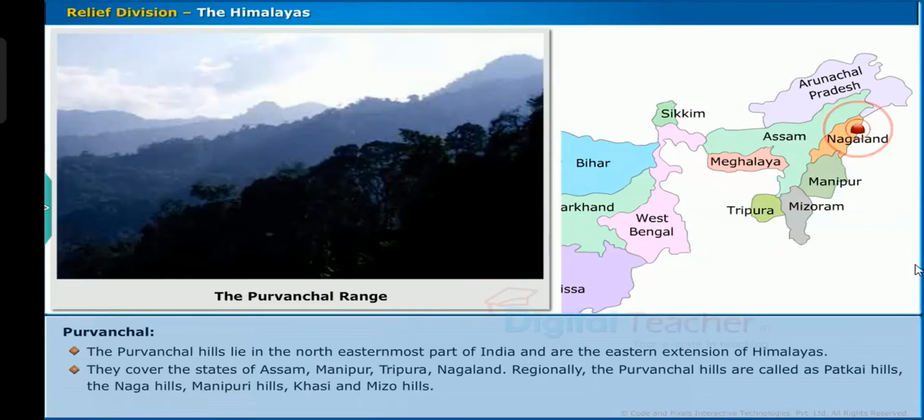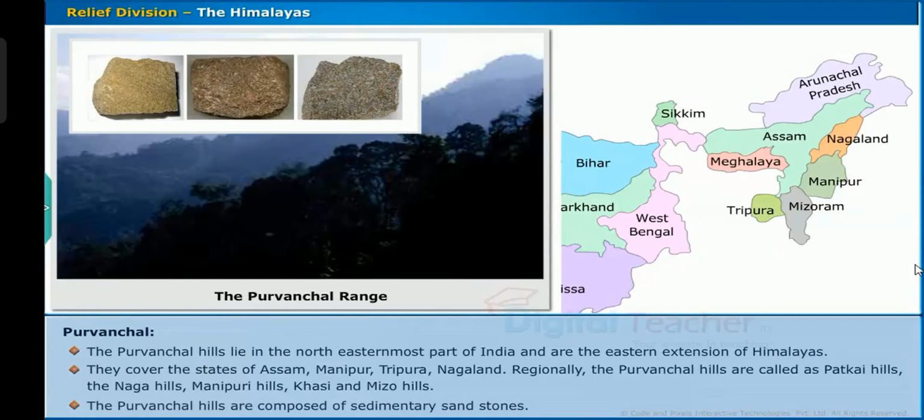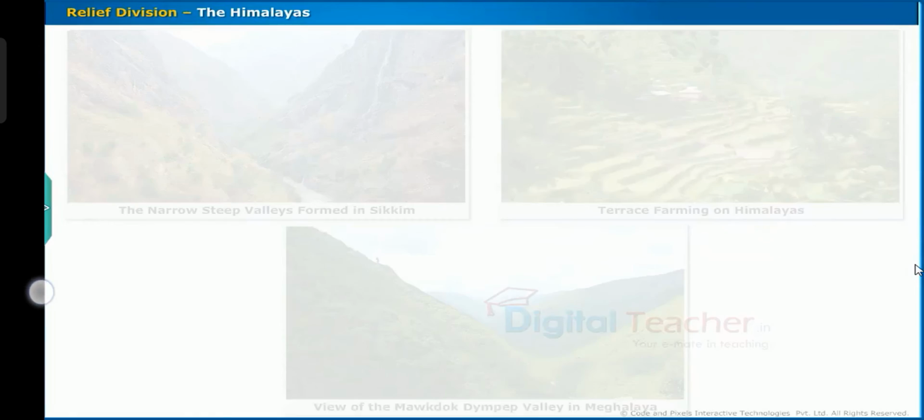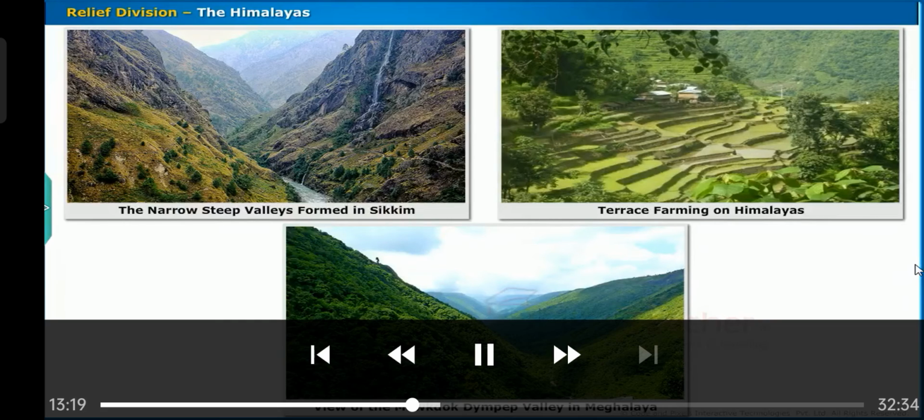Regionally, the Purvanchal Hills are called as Patkai Hills, the Naga Hills, Manipuri Hills, Kasi and Mizo Hills. The Purvanchal Hills are composed of sedimentary sandstones. Various views of Himalayas are shown on screen.